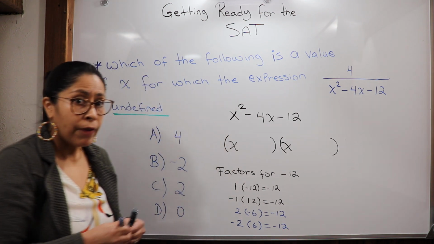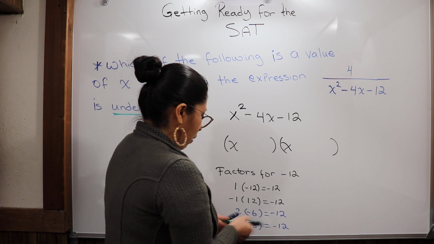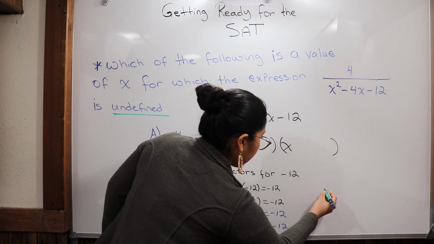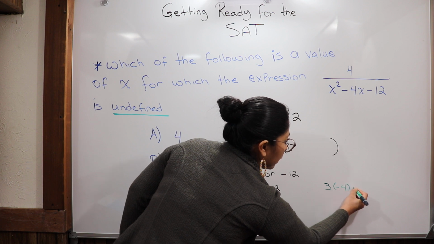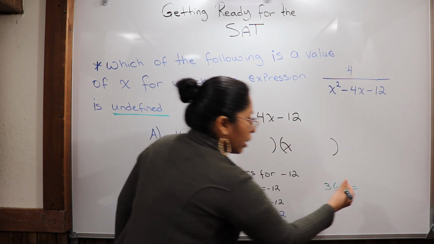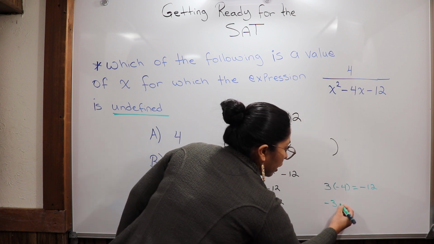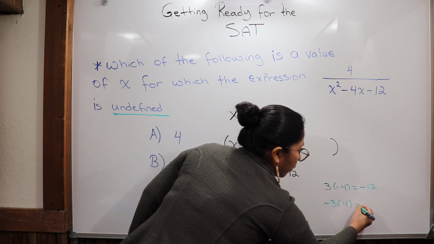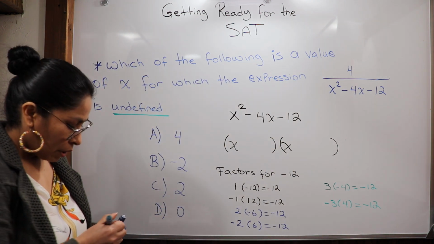Okay, so I have 4 factor pairs right now, 4 of them to try. So now I move to the next 2, which is 3 times negative 4. So you can see that 3 times negative 4, I'm going to get negative 12. So now I have negative 3 times positive 4. It's negative 12 as well. So now I have all the factors.